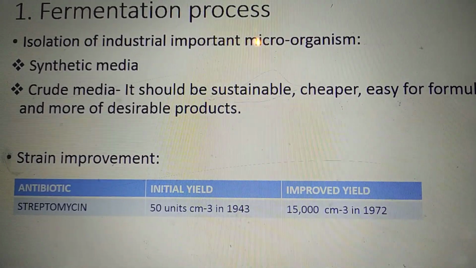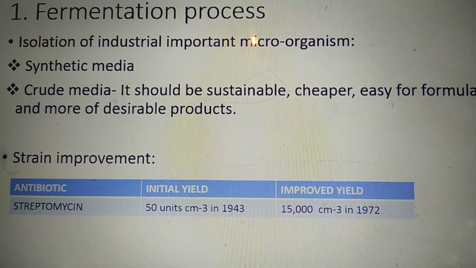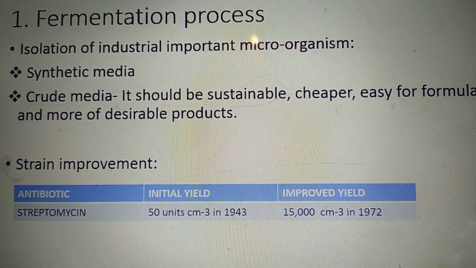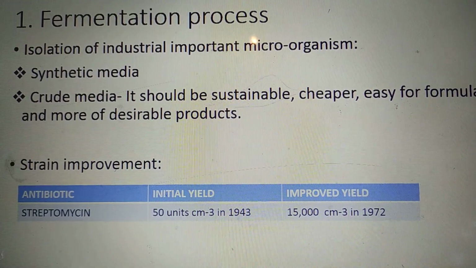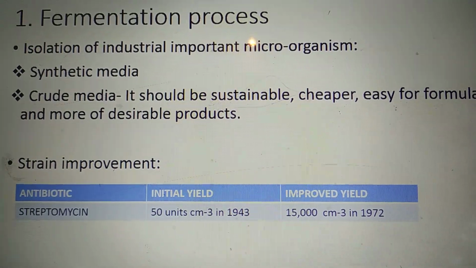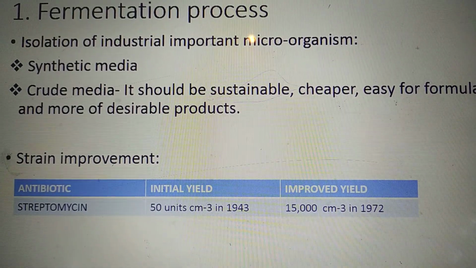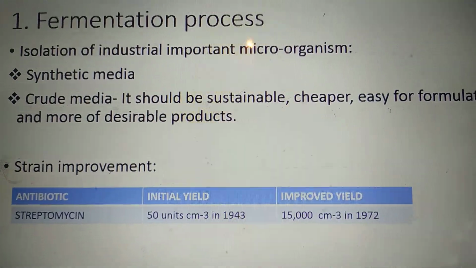So here if you see the example, streptomycin antibiotic in 1943 had a very lesser yield, 50 units per centimeter cube. Improved yield was like in 1972, it reached 15,000. How did it happen?